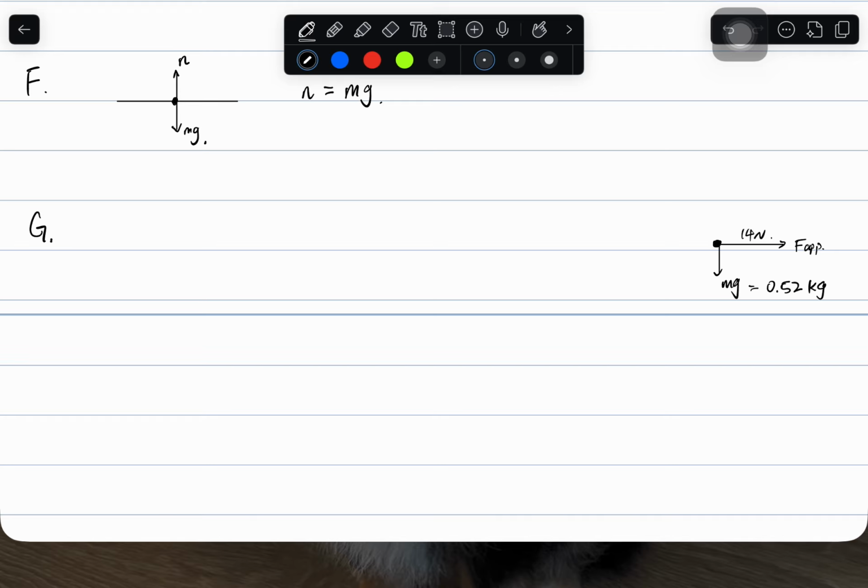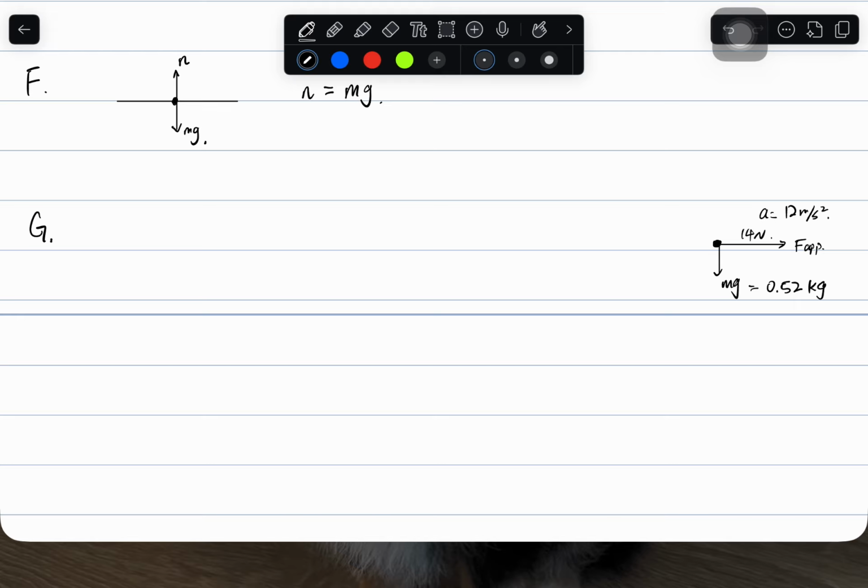During the push, the plate has an acceleration of 12 meters per square second along the applied force. Part G asks us for the net external force on the plate.